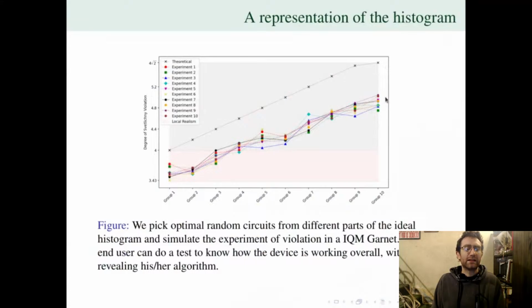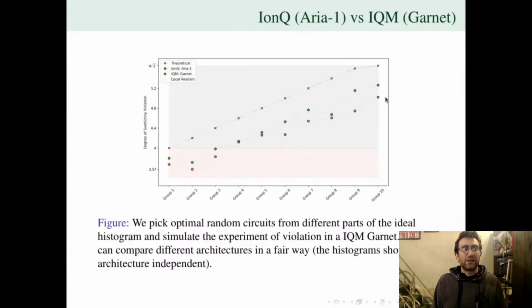So this is the idea. We are trying to get a first sample of the quantum state space of these 3 qubits of this quantum computer. And you can do the same and compare different quantum processors. Here we have the results for IonQ and IQM. We use Aria 1 and Garnet, respectively.